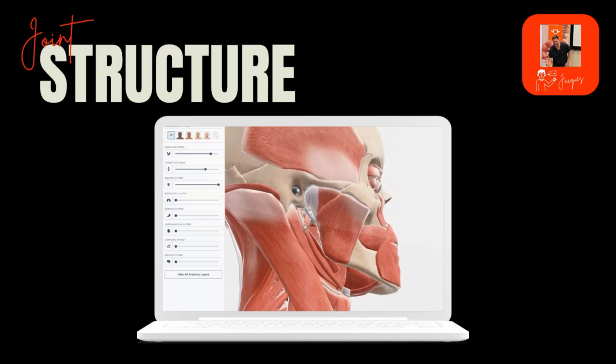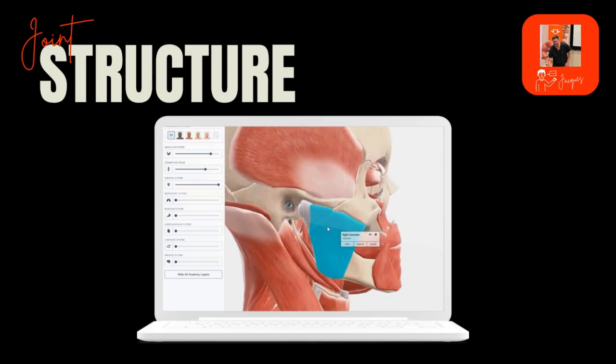Now, we have combination movements that are happening in the TMJ. The first combination of muscles produce mandibular protrusion. This is your masseter, your medial pterygoids, your lateral pterygoids, and they function bilaterally to create this mandibular protrusion.